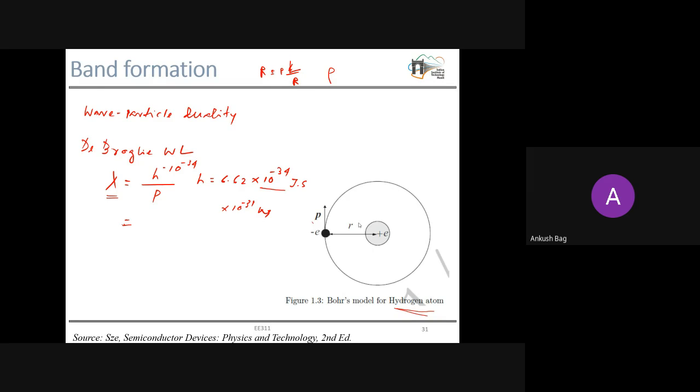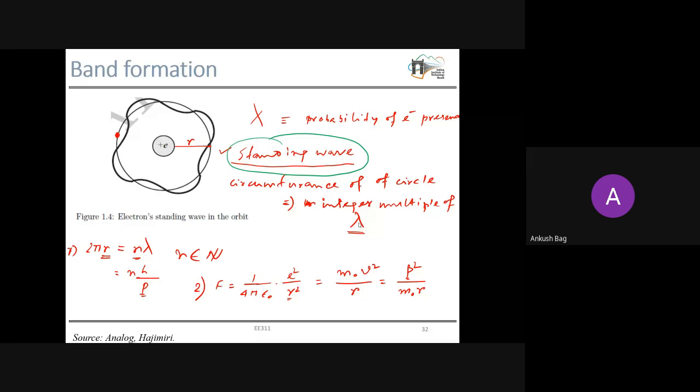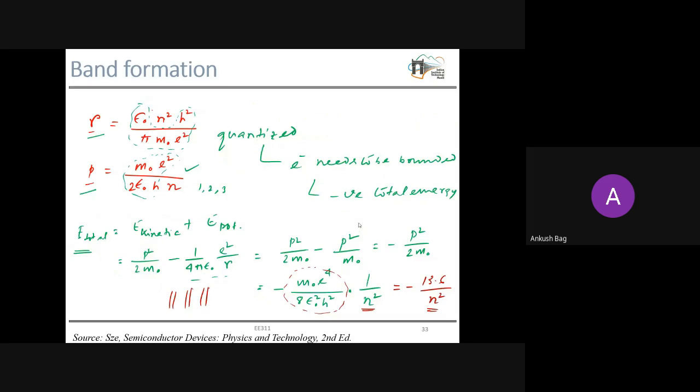It has one proton in the nucleus and one electron in the orbit surrounding the proton, and using that we tried to understand how the radius of the orbit, as well as the momentum of the electron, and the total energy of the electron is getting quantized.